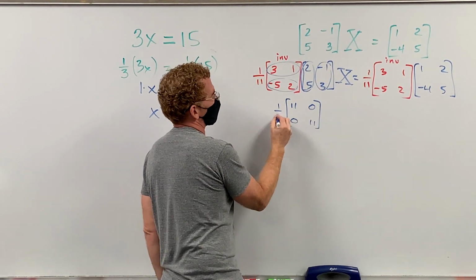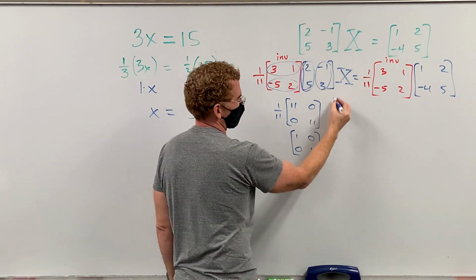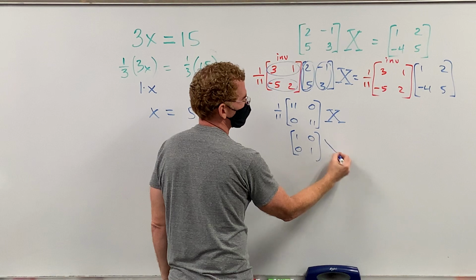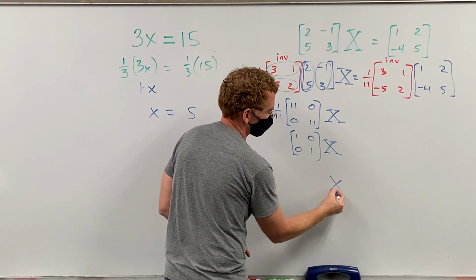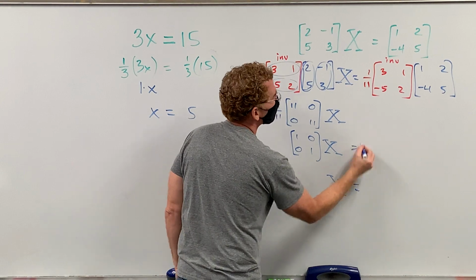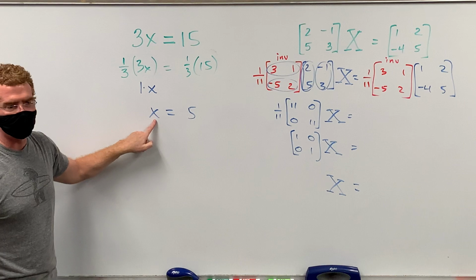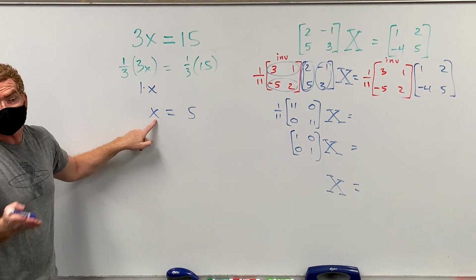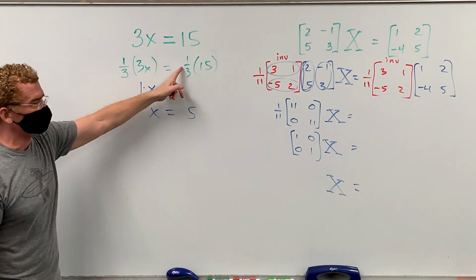But when I multiply by the 1/11th, I get 1 0 0 1, the identity. And the x is just dropping down all along, right? And then finally, what's the identity times x? X. So all I've really done on the left is show all these little steps, which you knew were going to happen anyway.